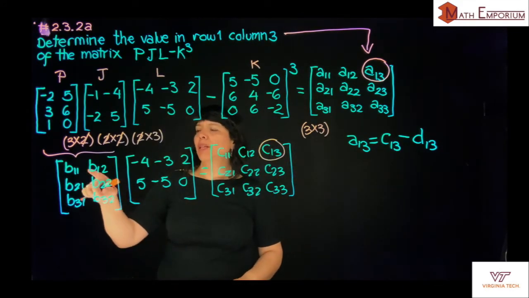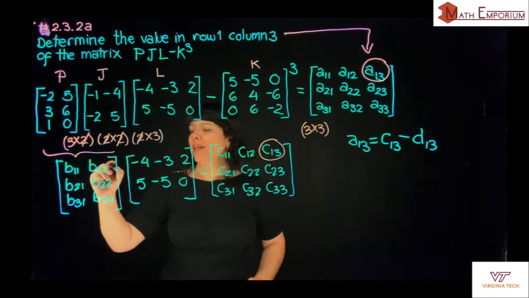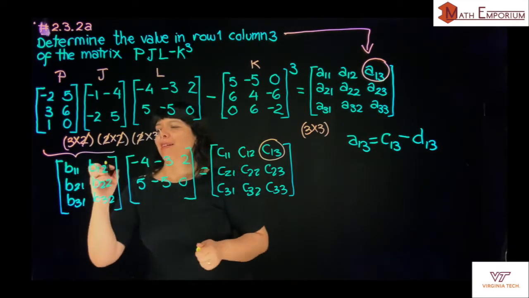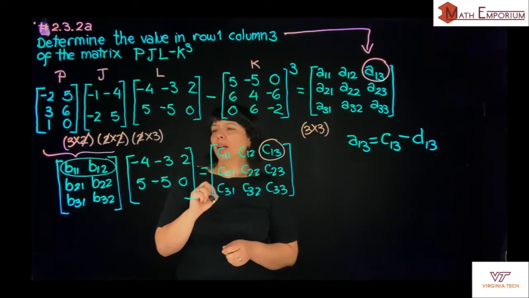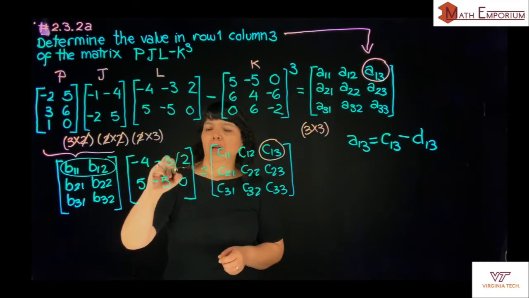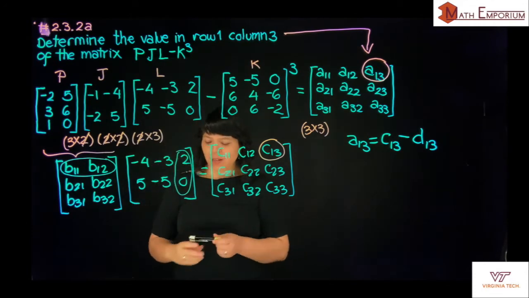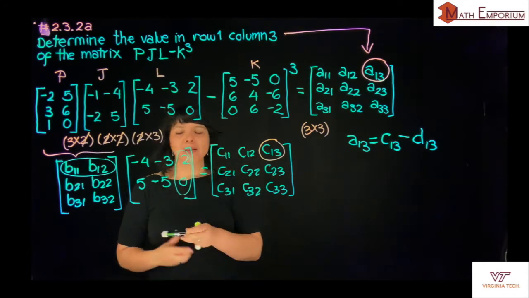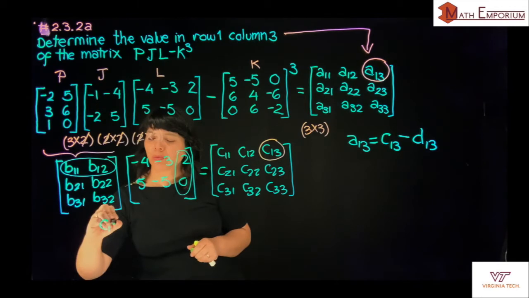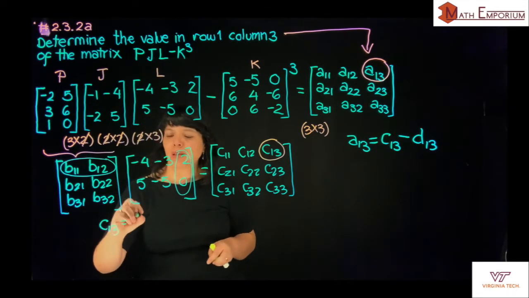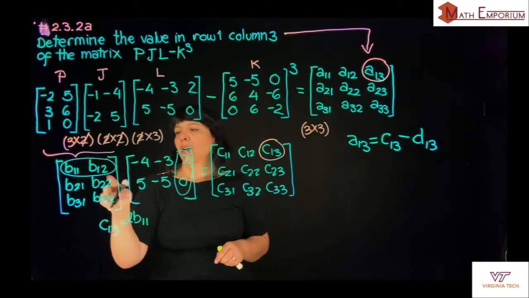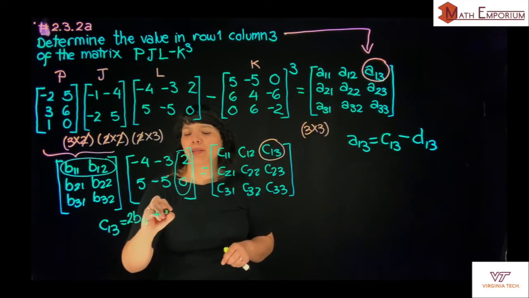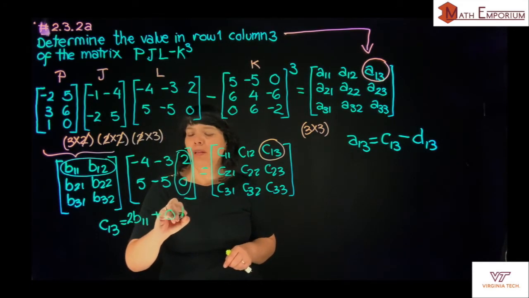C13 is going to be computed by multiplying this row with this column. So we have that C13 is going to be B11 times 2 plus 0 times B12.